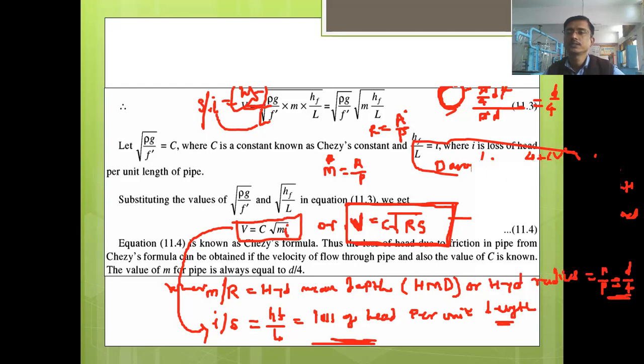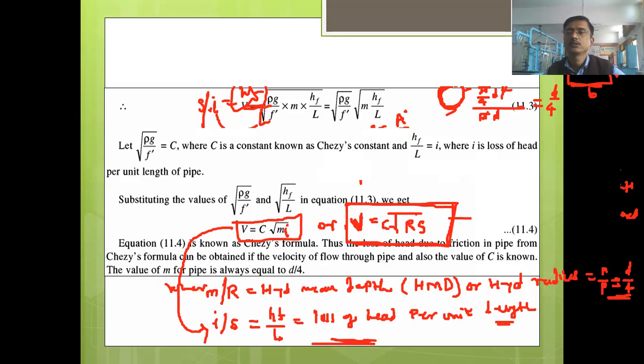In case of an open channel, suppose the channel is rectangular in section, and you want to find the wetted area, wetted perimeter and R, or hydraulic mean depth. We can write area is equal to B into D, where B is the width and D is the depth.